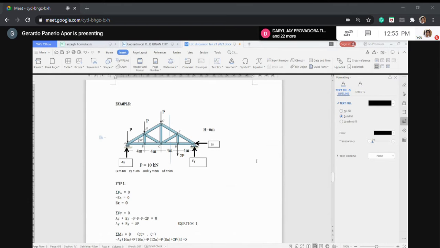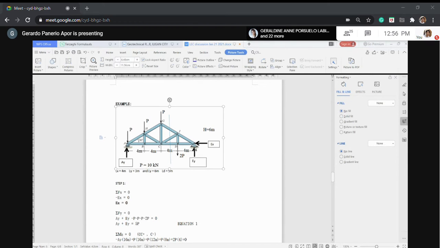Because three members are being cut, they will be replaced by an arrow that goes away from their node. This is the section, so I will have a structure like this.